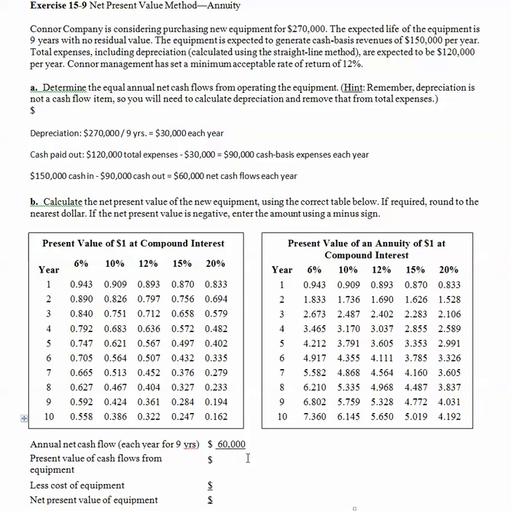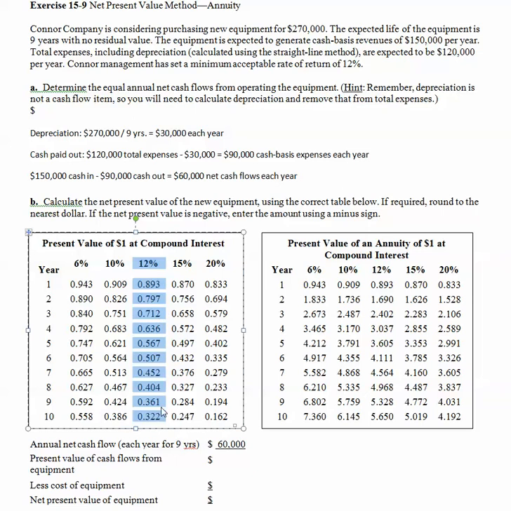We could take $60,000, again using the 12% rate because that is the company's desired rate of return. We could take $60,000 times 0.893, that would be the 1 year factor, plus $60,000 times 0.797, the 2 year factor, plus $60,000 times a 3 year factor, and so forth, all the way down through year 9.